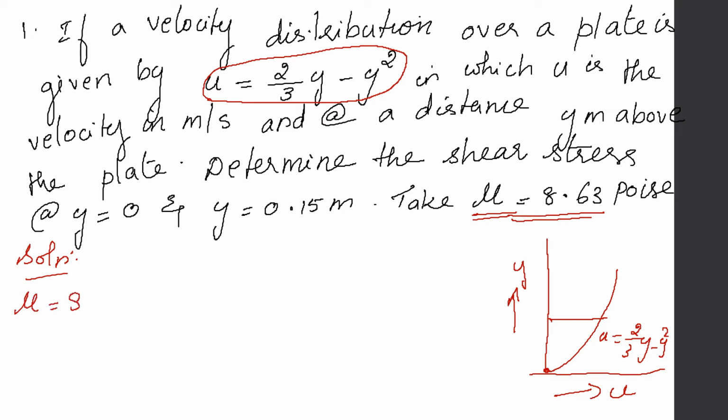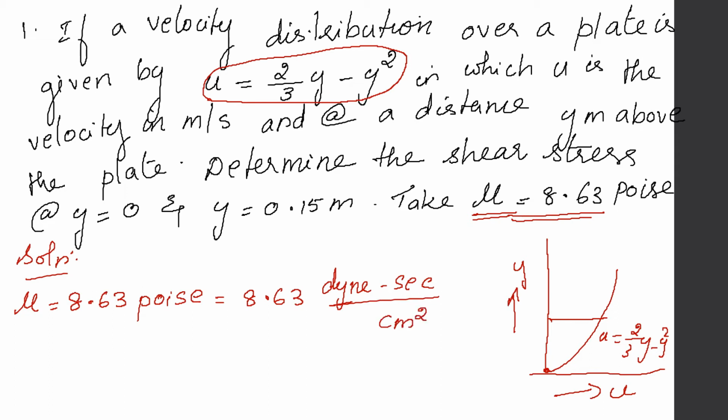Mu is given as 8.63 poise. 1 poise means it is dyne second per centimeter square, and we know 1 dyne is equal to 10 power minus 5 Newton.